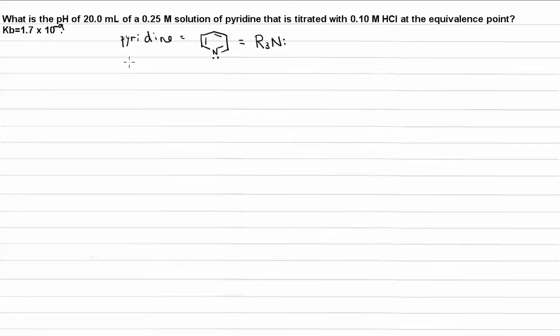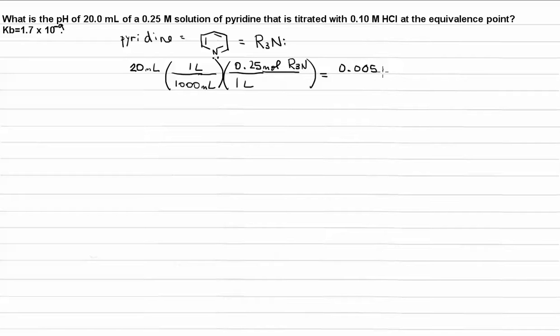So let's first figure out how many moles of pyridine we have. We have 20 milliliters of pyridine. There's 1,000 milliliters in a liter. And the molarity tells us that for every 1 liter, you have 0.25 moles. So that means we have 0.005 moles of pyridine.